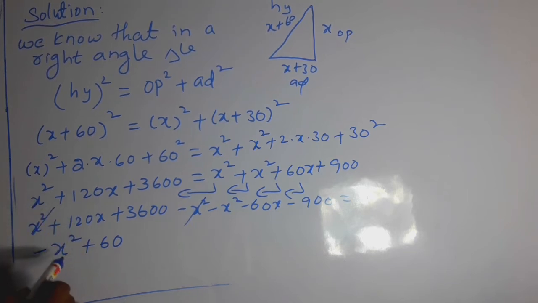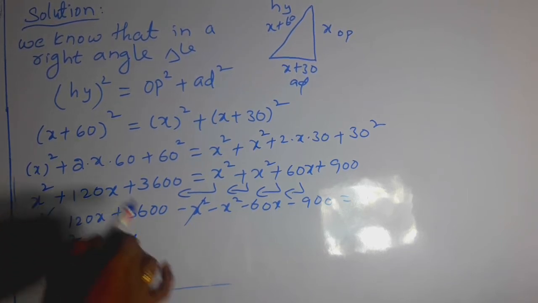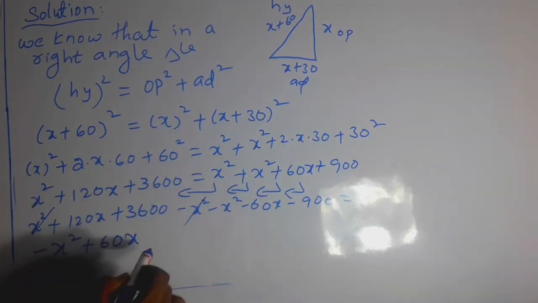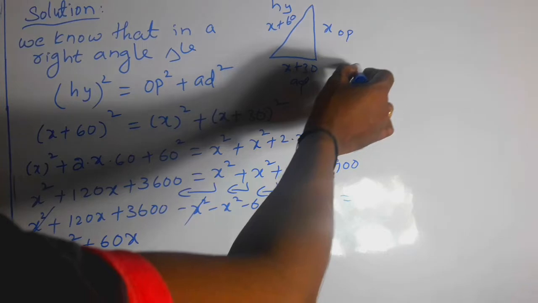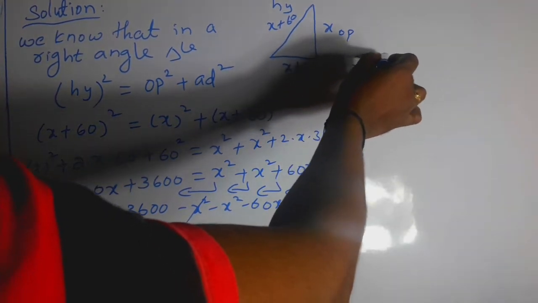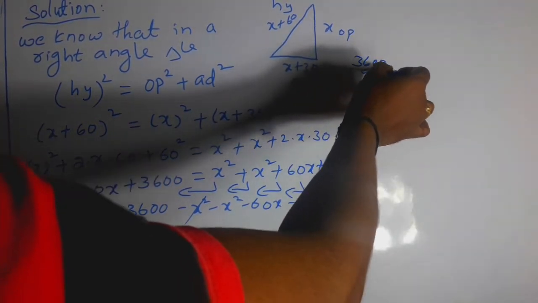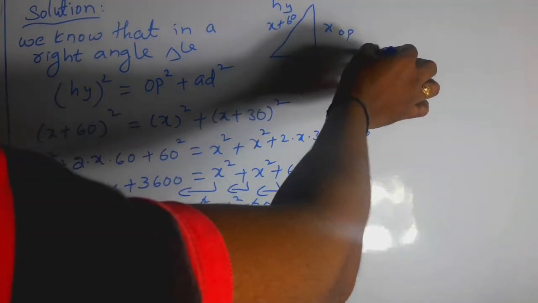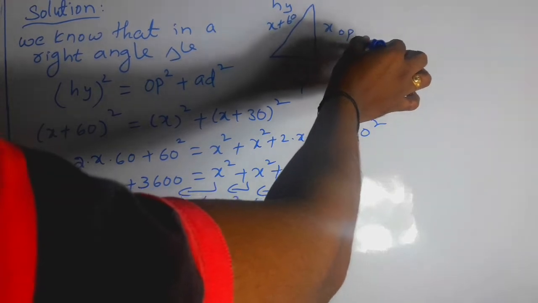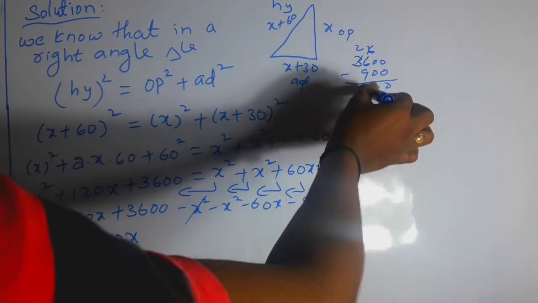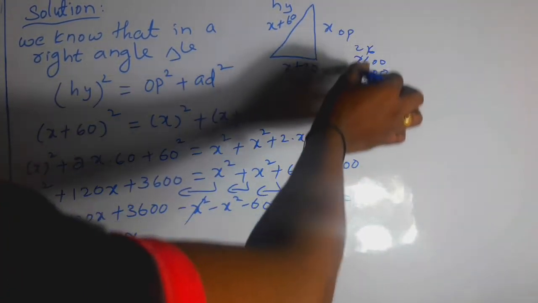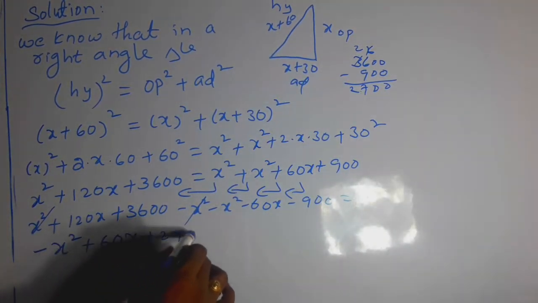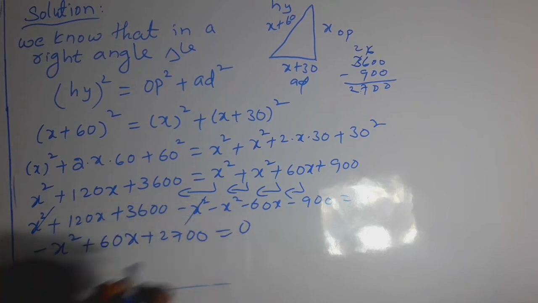Then 3600 minus 900; borrowing, we get 2700.